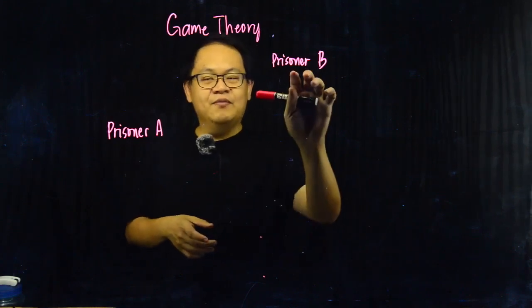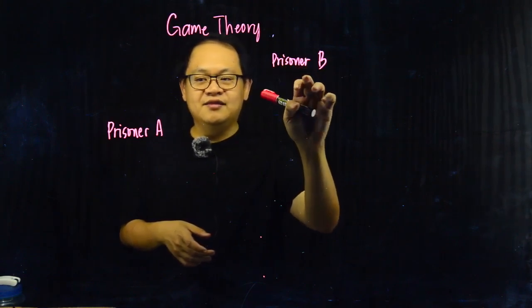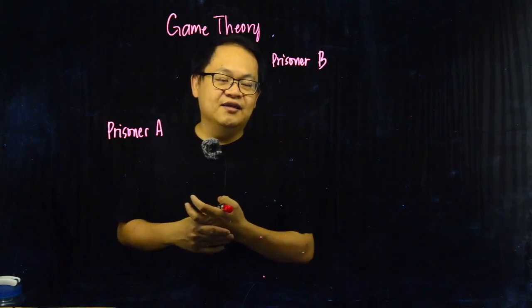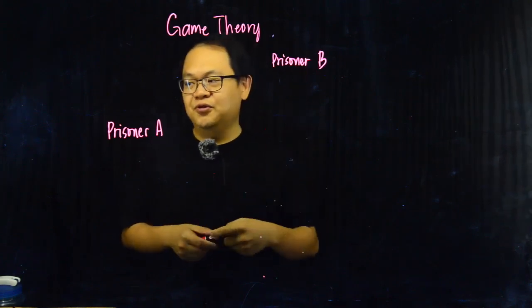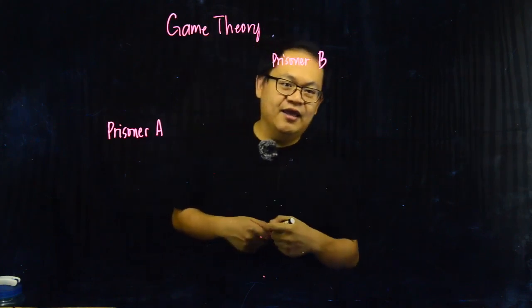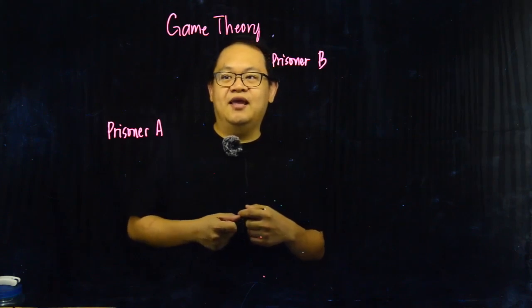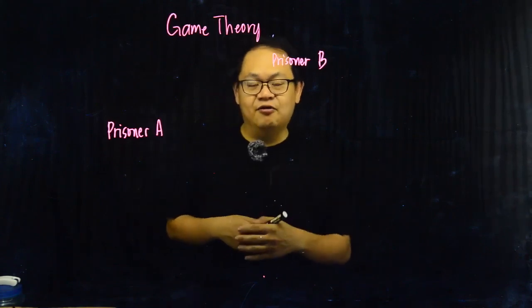In the same way, because prisoner B is in the same room, and he sees or hears that prisoner A is not saying anything, therefore prisoner B also thinks rationally and sees that it is actually better to stay silent and just be jailed for the minor crime, let's say robbery.